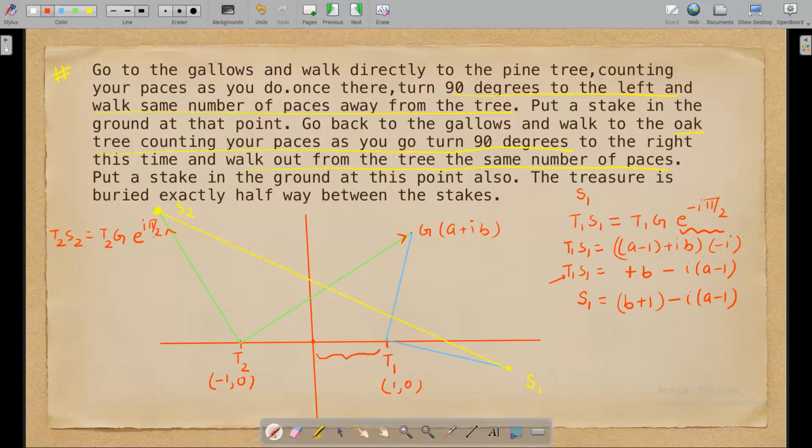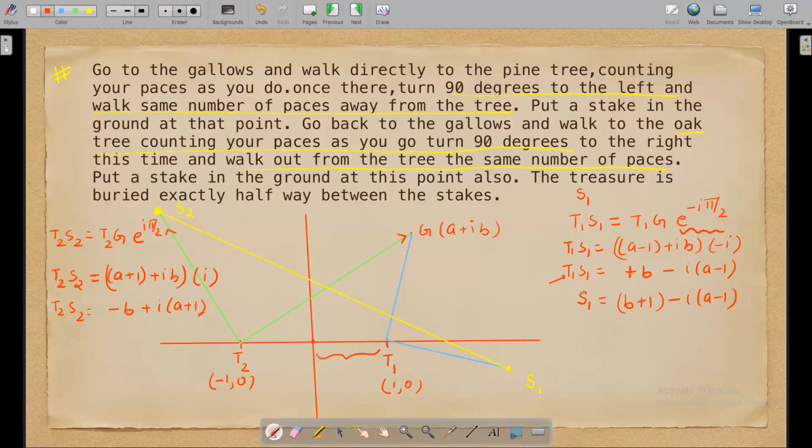Let's complete the calculation part. T2, yes, we know the position vector for T2. For S2 we are solving it. What about T2G? T2G you can write as (a plus 1 plus iota b) multiplied by e power iota pi by 2. T2S2 turns out to be minus b plus iota times (a plus 1).